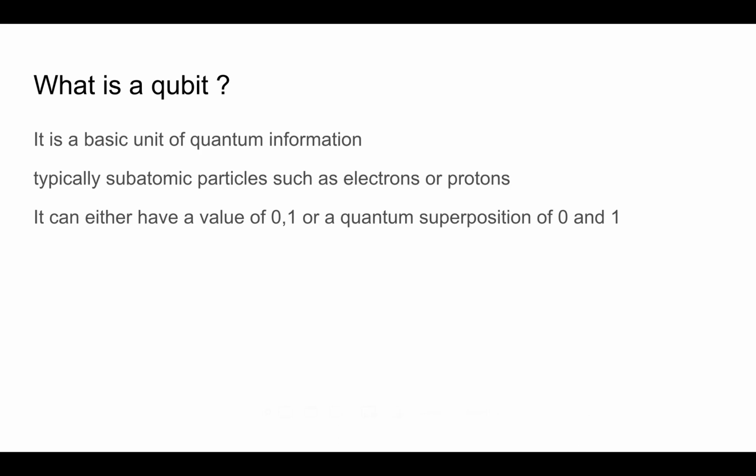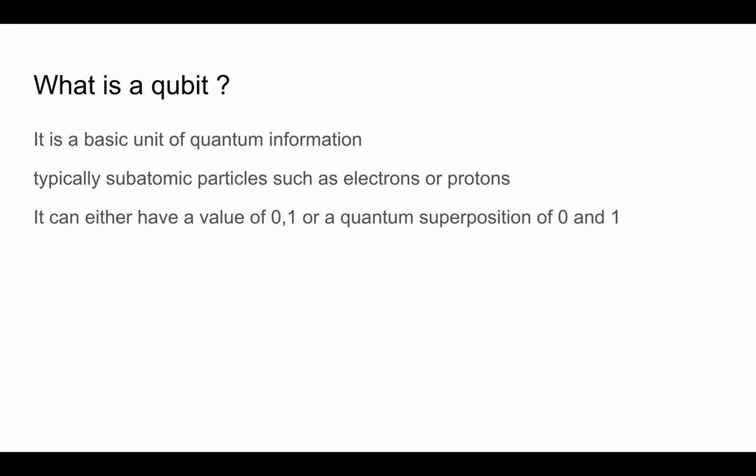Qubits take on the values 0 and 1 and a superposition of 0 and 1, which means the qubit can exist simultaneously as both 0 and 1. We'll discuss in a bit how this forms the basis of quantum algorithms such as Shor's and Grover's search algorithm, making them so fast compared to classical algorithms.